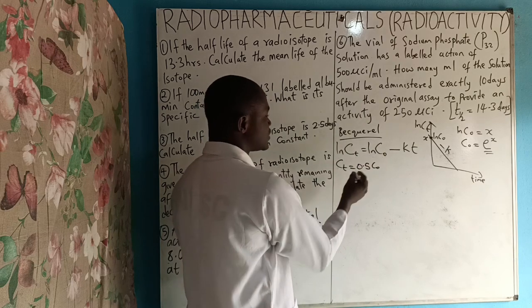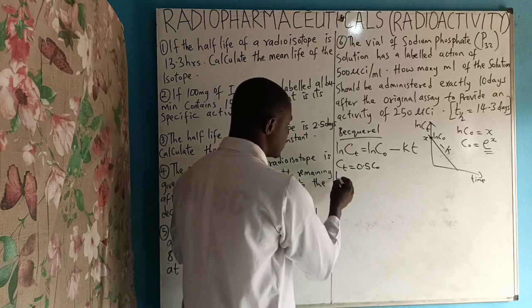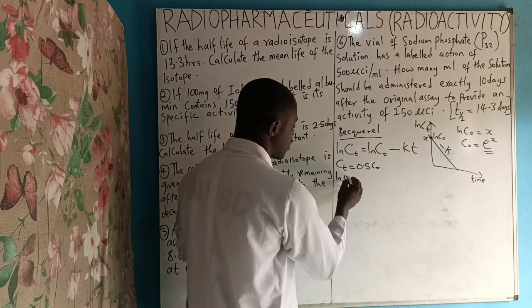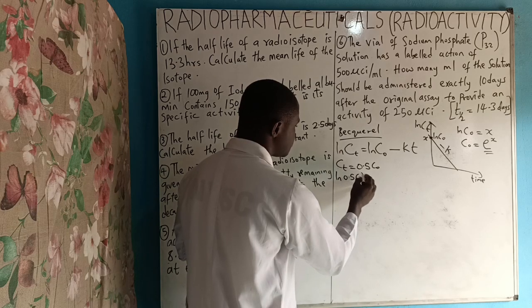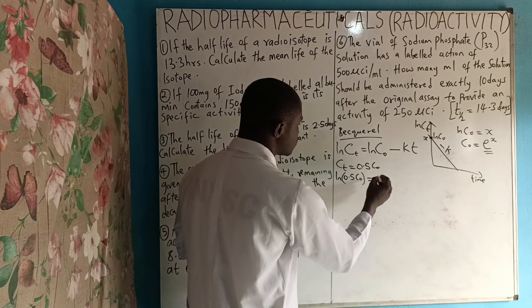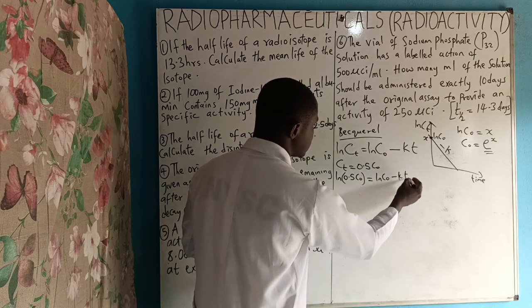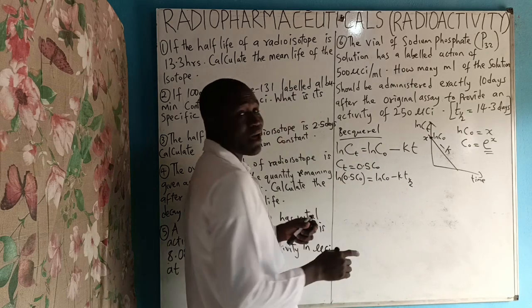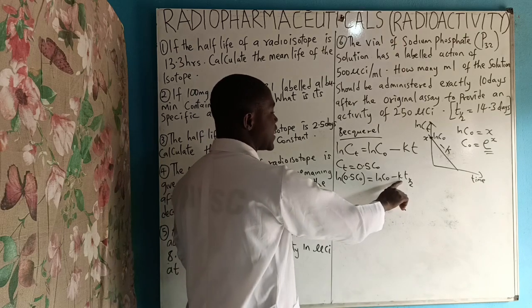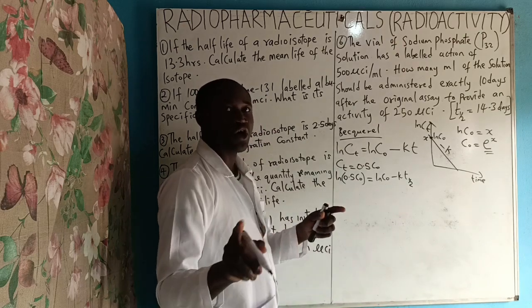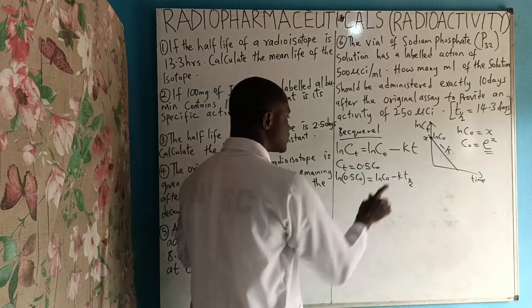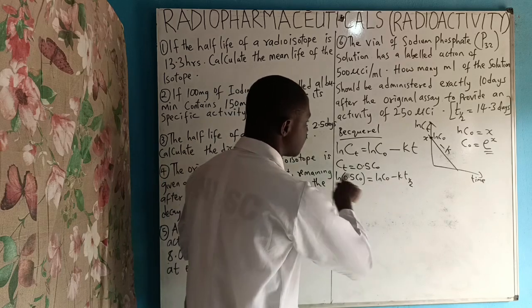And so when you put it here, you say that ln 0.5 C0 equals ln C0 minus k t half, because you are talking about half-life. This k is called the rate constant, or the decay constant.